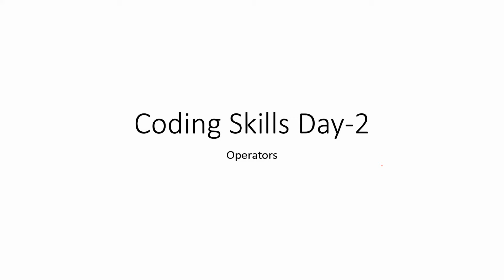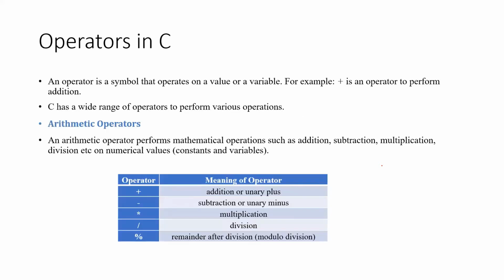The intention of operators is to perform an operation, which may be an arithmetic operation or a relational operation. Arithmetic operations are nothing but the calculation process, what we do in general mathematics, like addition, subtraction. Relational operators are nothing but comparison.